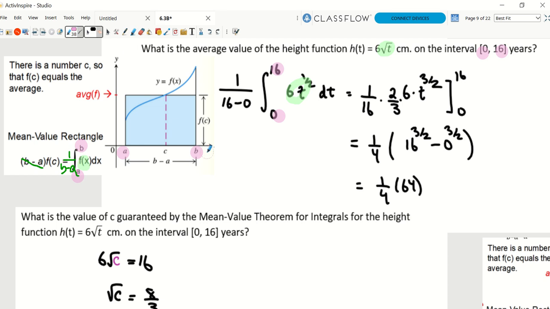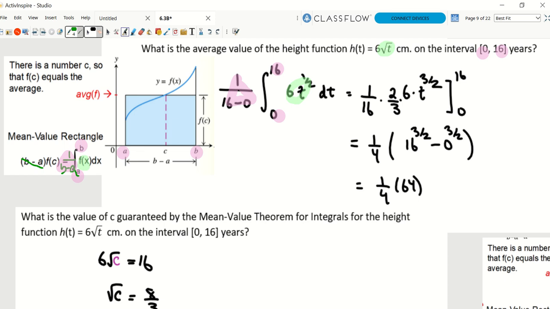Okay? So this, let me do a triangle. This is basically this. All right? And now we just evaluate it.